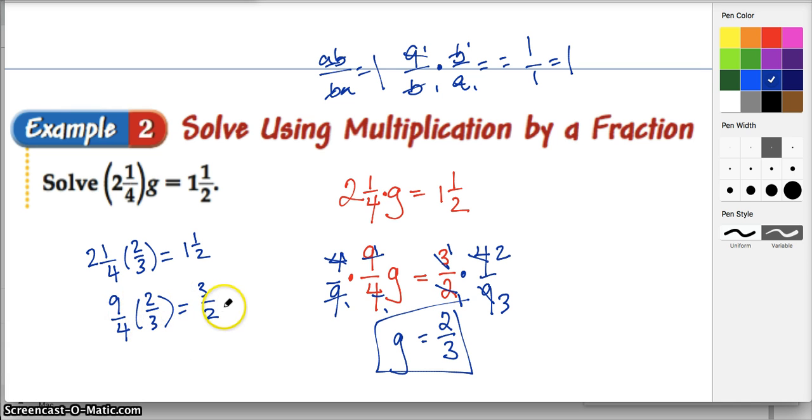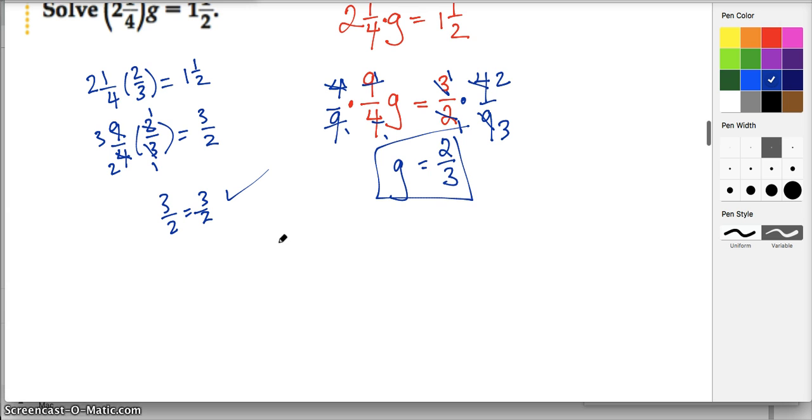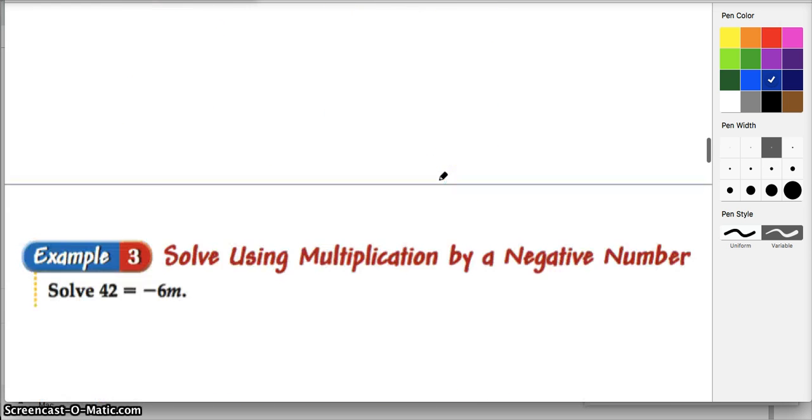If I can get this to equal 3/2, I'm good to go. How would I do it? Cross cancel again, right? And we can see that when we do that, we get 3/2 is equal to 3/2. So we can feel confident about our answer being correct. So G is equal to 2/3.